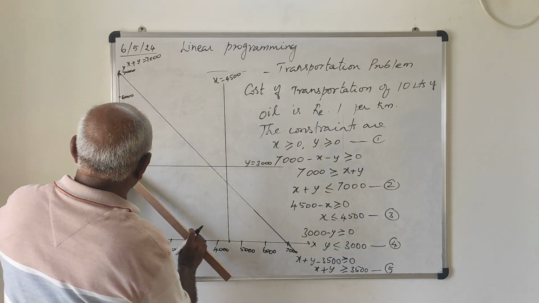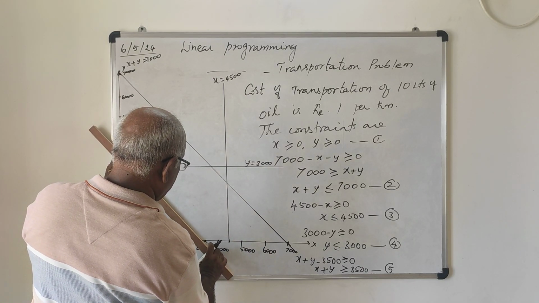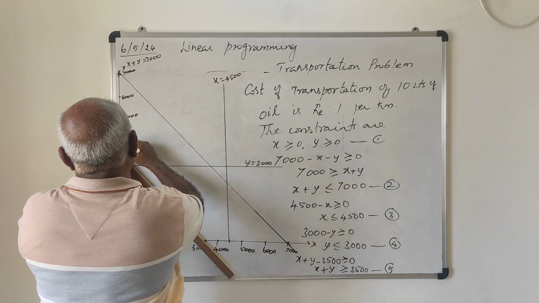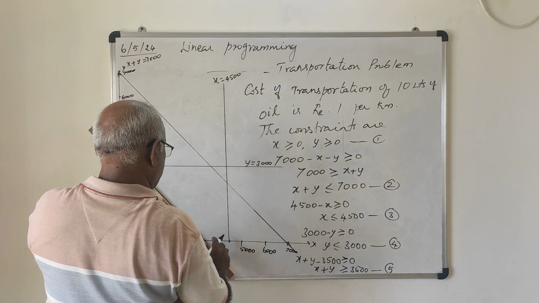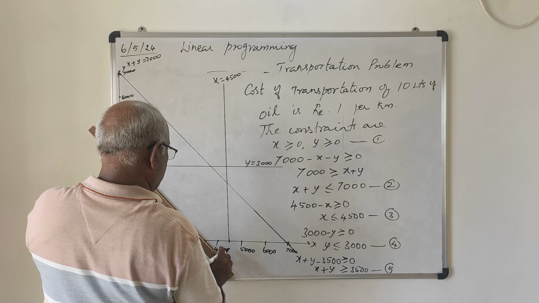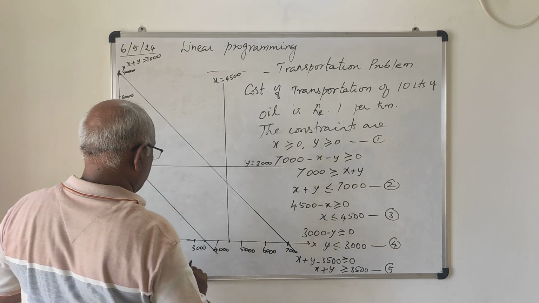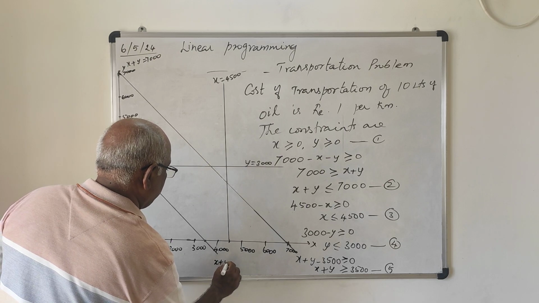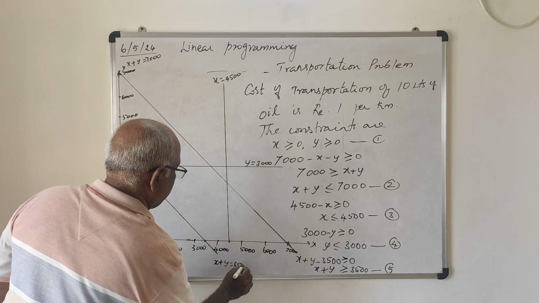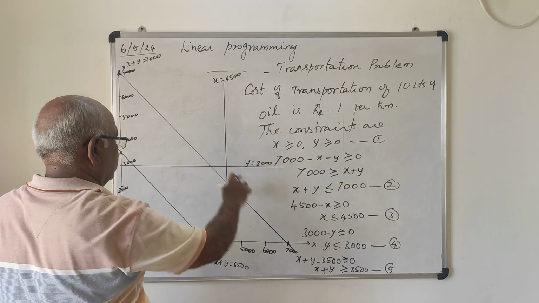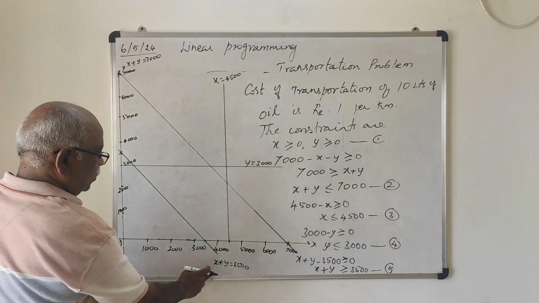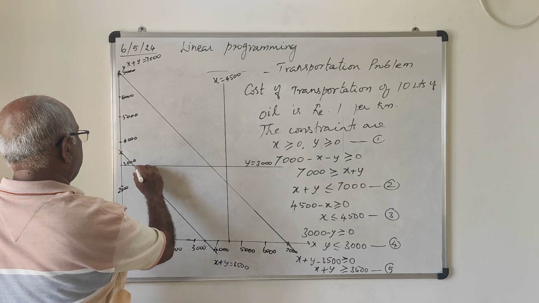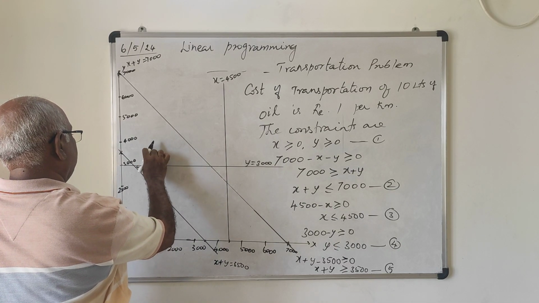So joining these 2 points, this line is x plus y equal to 3500. X plus y greater than or equal to 3500 means this is the shaded area.